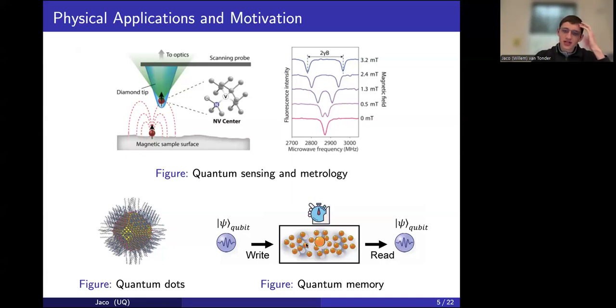So that would require the state to be a product state. And then later we want to again couple this environment and the central spin to be able to read out that qubit. So that's the motivation for these unentangled, or so-called dark states.